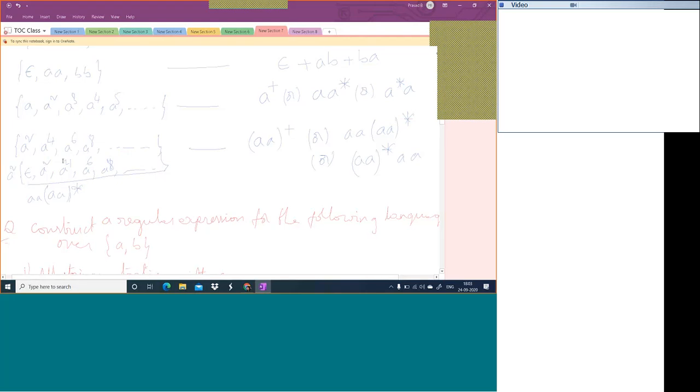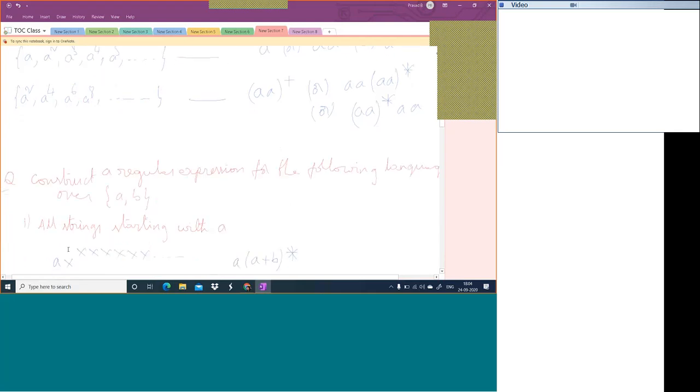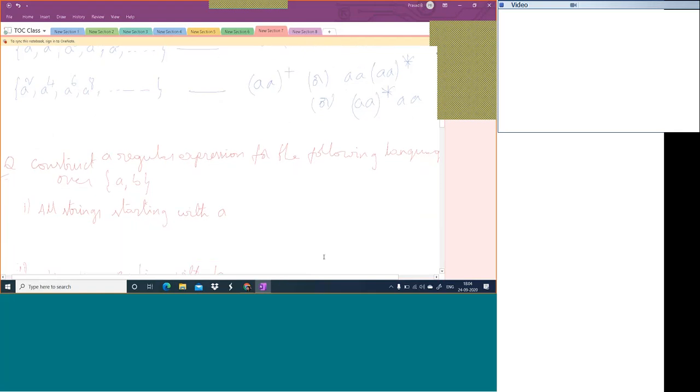Now, we have seen what is a regular expression and what is a regular set. I'll give you some questions. Construct a regular expression for the following languages over the set A, comma B. Are you following?